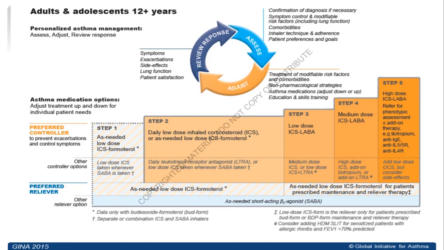Of course there is a stepwise approach for treatment of bronchial asthma. We have step 1, step 2, step 3, step 4 and step 5. The medications vary, according to the GINA guideline 2020. We have 2 arms of treatment, preferred controller and preferred reliever.